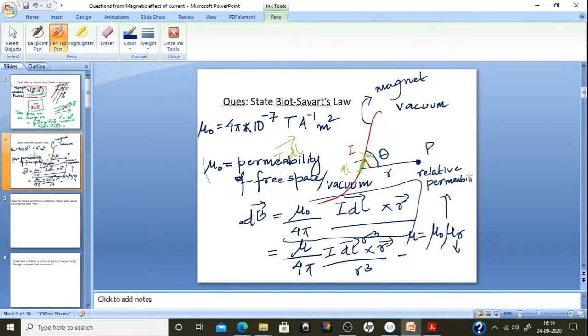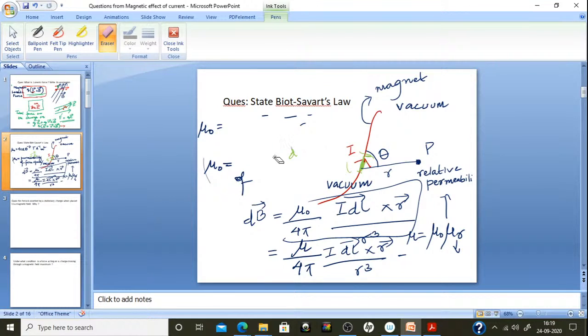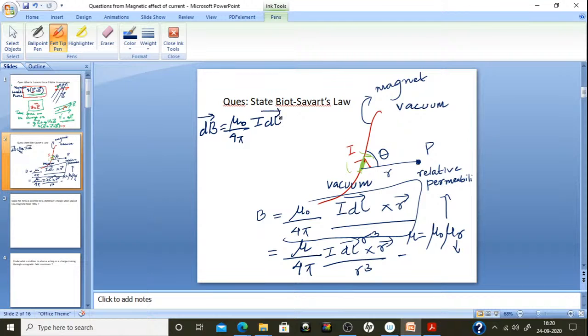See, this r cube is because this is the vector form. Now suppose I remove this cross. So I said dB is equal to mu naught by 4 pi I dl cross r divided by r cube. Why is it r cube?